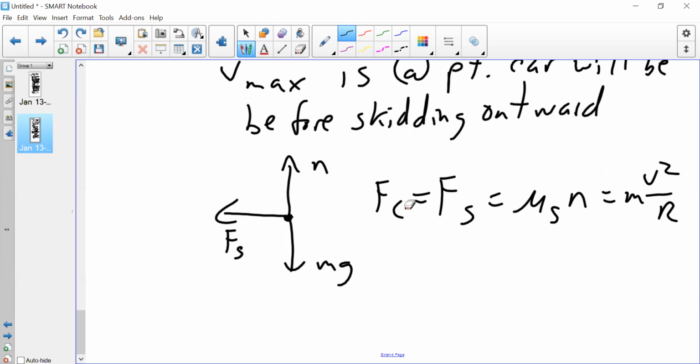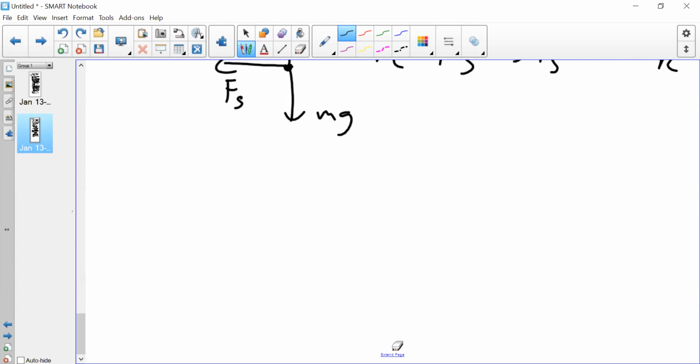So again, it's best to always approach these in terms of free body diagrams, get the force that makes up the centripetal force, and solve for your unknown.